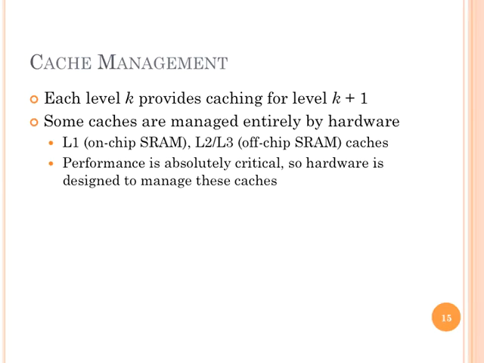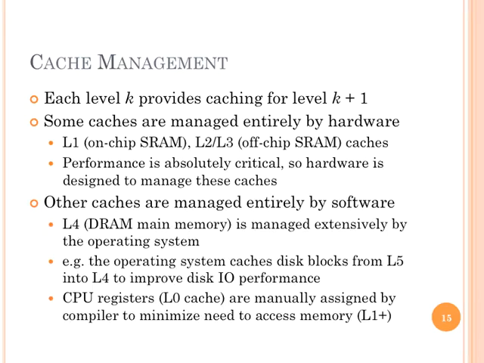Maybe we get all the way up to 60 clocks. You don't have a lot of time to make a decision when you only have a difference between 4 and 30 clocks between 2 levels of caching. So clearly the hardware has to be very simple in how it manages the caches. And so you tend to notice that with the SRAM caches the performance is critical, so we have very clever designs for how those caches are managed.